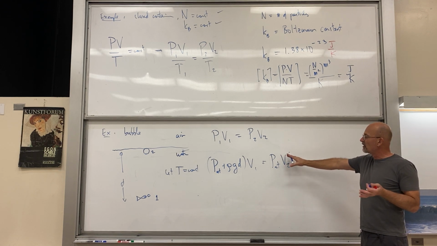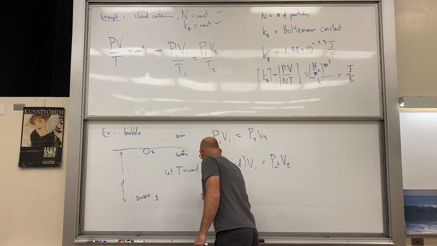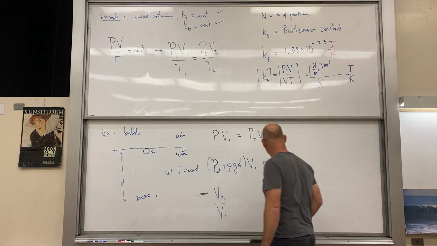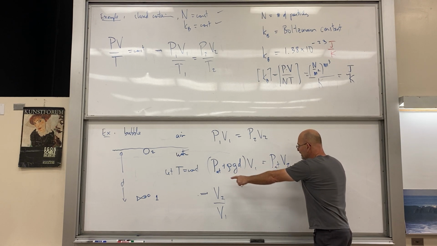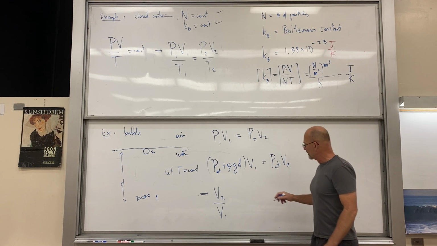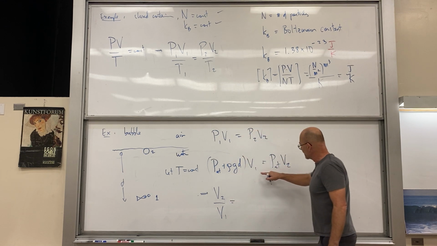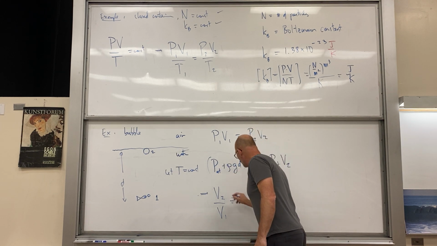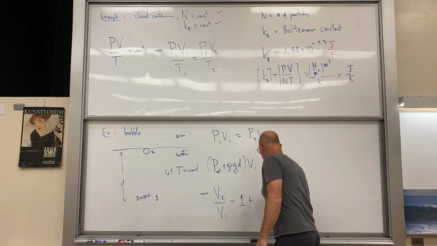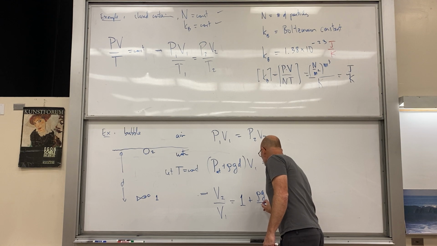So we can now solve for one unknown, and let's go ahead and solve for V2 divided by V1. So I'll divide this side by V1, and I'll divide the left side by the atmospheric pressure. That's simple enough. So V2 over V1, I divided by V1 over here. Dividing this side by atmospheric pressure, I get 1 plus rho g D divided by the atmospheric pressure.